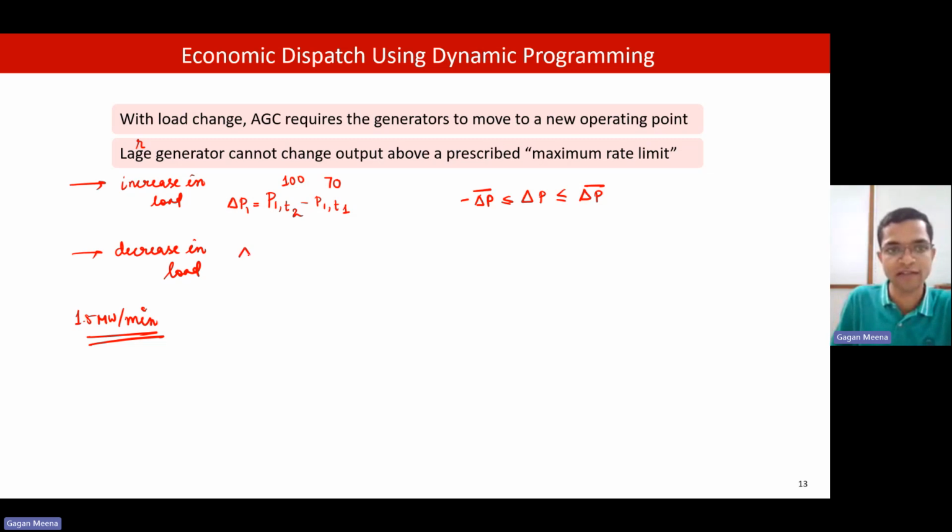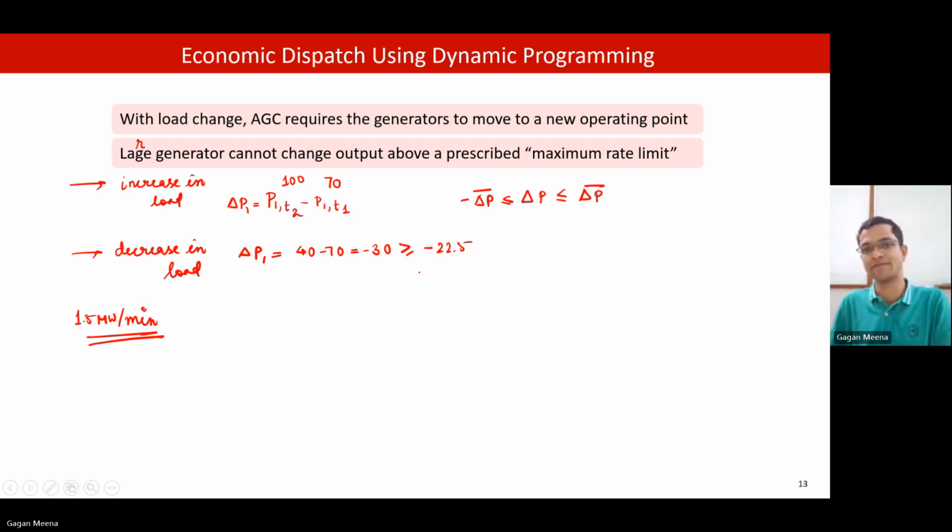Here the change is 40 minus 70. This is minus 30, and this should be greater than or equal to minus 22.5. But minus 30 is less than minus 22.5. This constraint is violated. So both ways it should be satisfied.